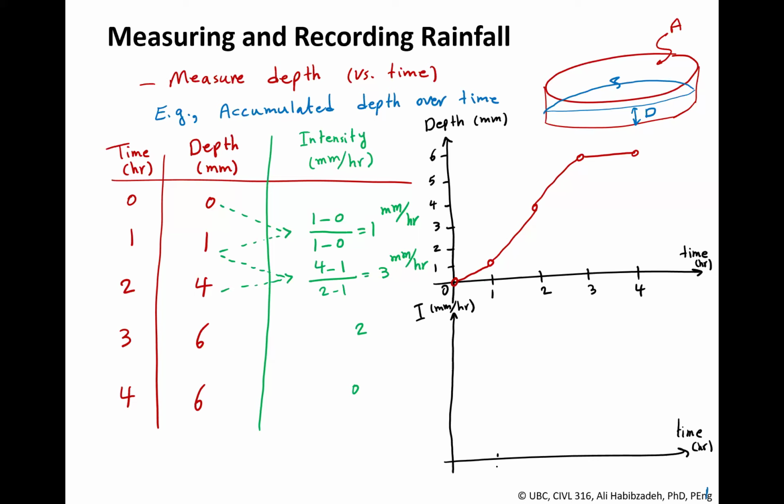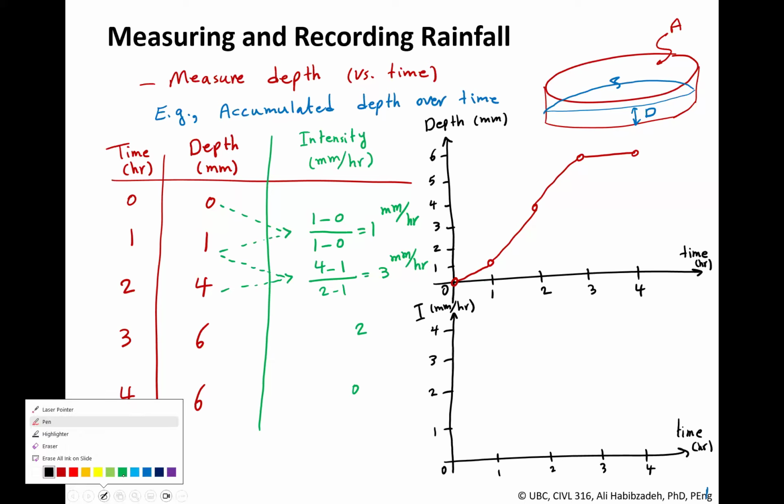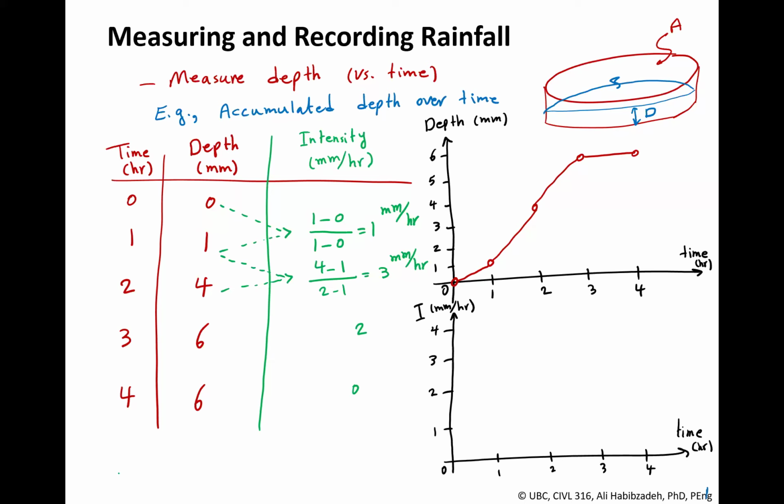The same thing, we have 0, 1, 2, 3, 4, and intensity we have 1, 2, 3, and 4. This one, I'm going to use a histogram style, a bar column or bar chart, to show distribution, because it's over time. So that's a more realistic way of showing this.